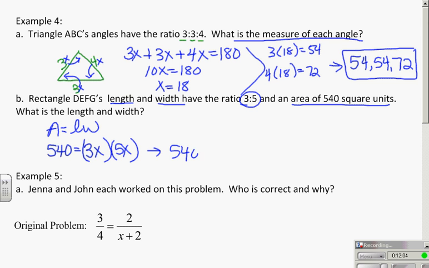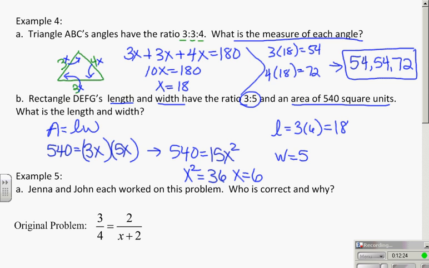So 540 is equal to 15x squared. Divide both sides by 15. X squared is 36. That means x is 6, take the square root, and that means that my length is 3 times 6, which is 18, and my width is 5 times 6, which is 30.